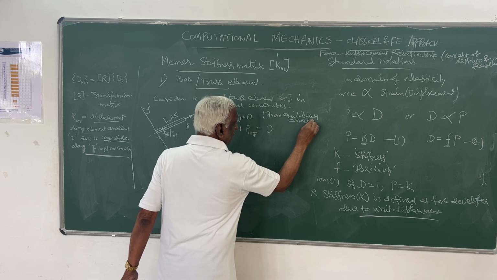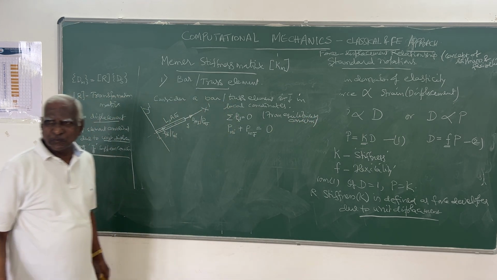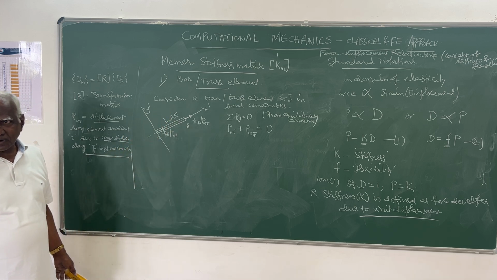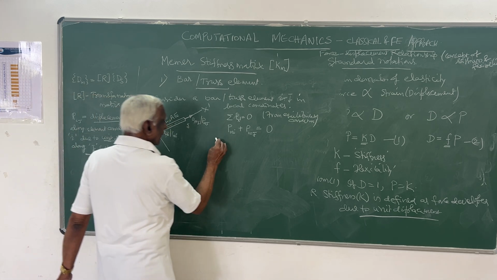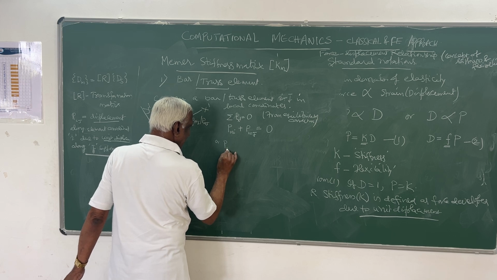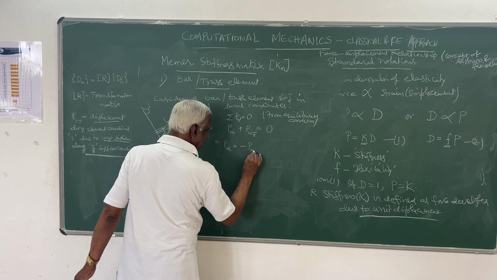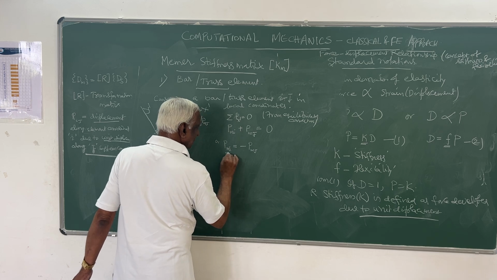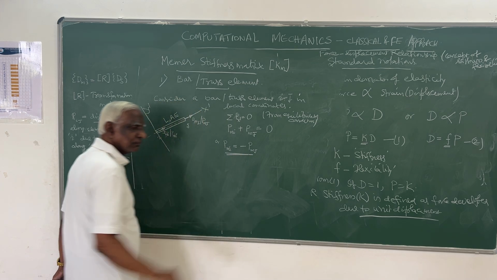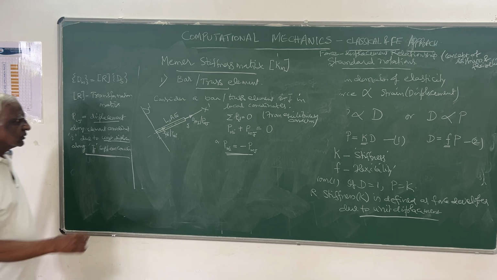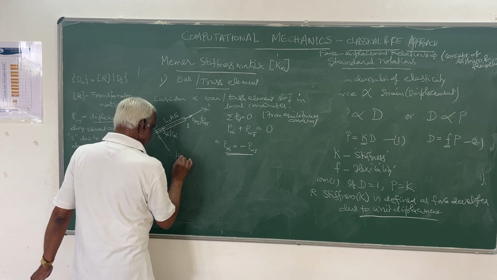We have got the equilibrium condition for finding the unknowns. Then PMI equals minus PMJ.